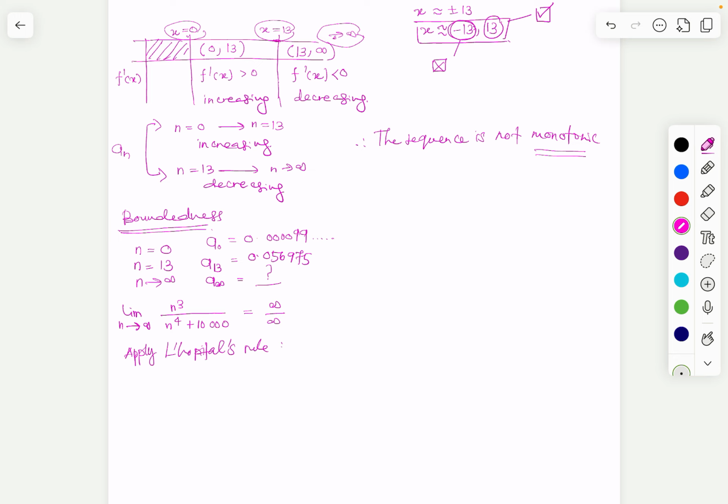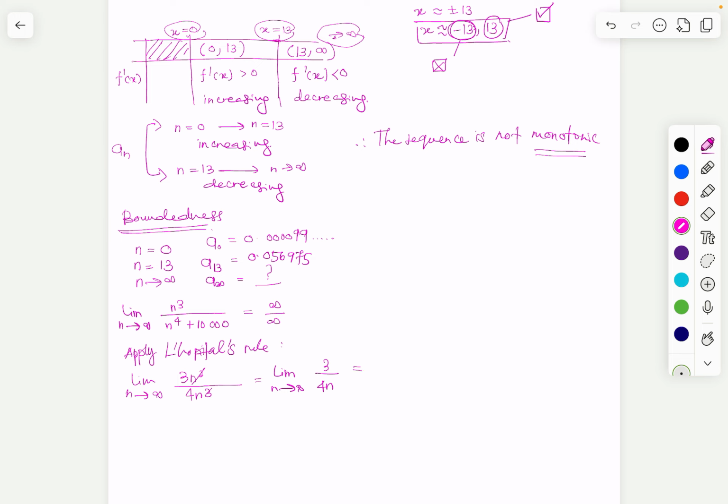L'Hopital's rule is actually applicable to a function, but I think it isn't a problem if you consider the symbol of n. So, limit as n goes to infinity, we differentiate the numerator, n cubed, it becomes 3n squared, and the denominator becomes 4n cubed. You can simplify this and cancel out, so it becomes the limit as n goes to infinity of 3 over 4n.